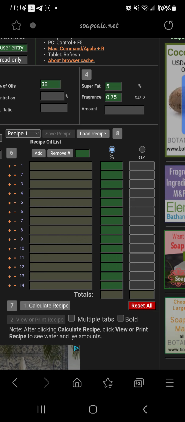If the fragrance oil that we use is very pungent, we'll go ahead and use 0.5 ounce. But if the fragrance oil is a little bit on the weaker side, then we'll go ahead and use 0.75 or maybe 1 ounce per pound of oil.